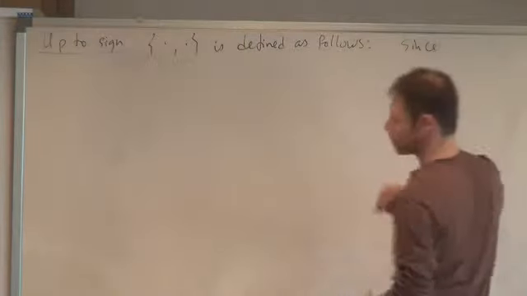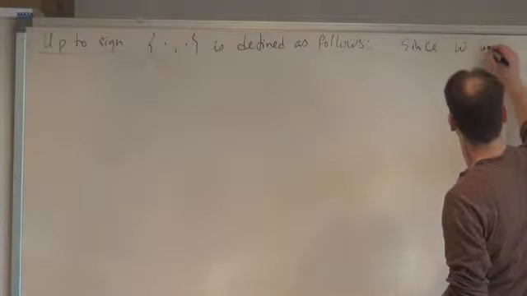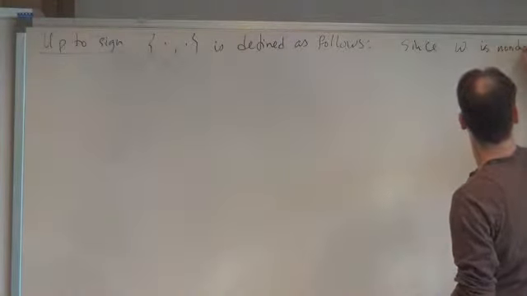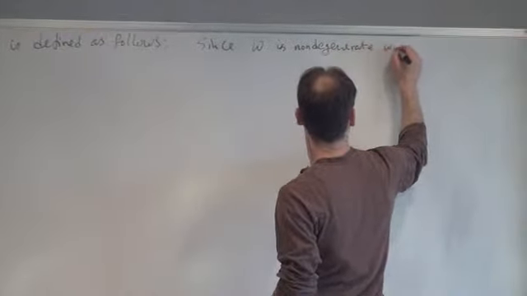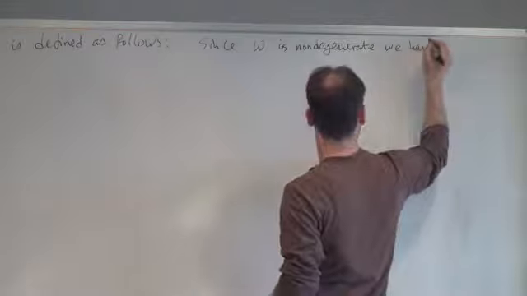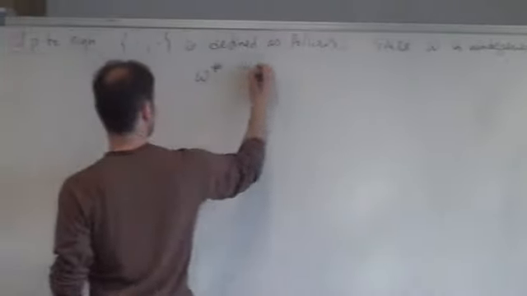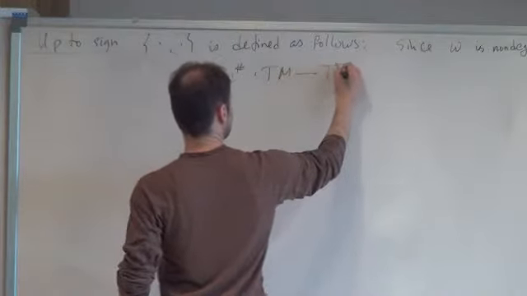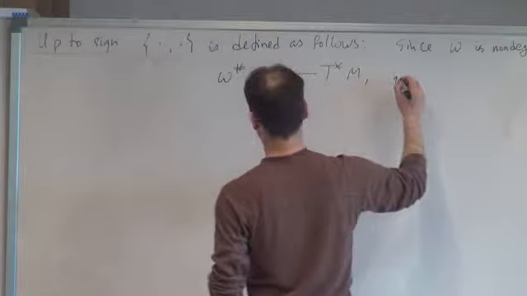Since the symplectic form is non-degenerate, we have an isomorphism of vector bundles. So what does it do?